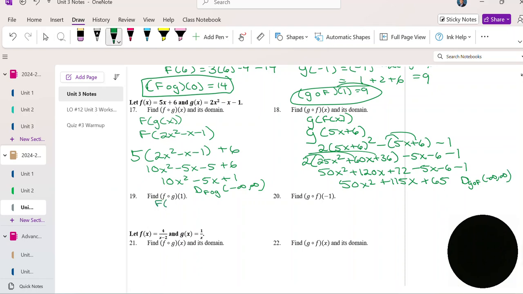f of g of 1, well, g of 1 is equal to 2 times 1 squared minus 1 minus 1. So it's 0. And then f of 0 is 6. g of f of negative 1.